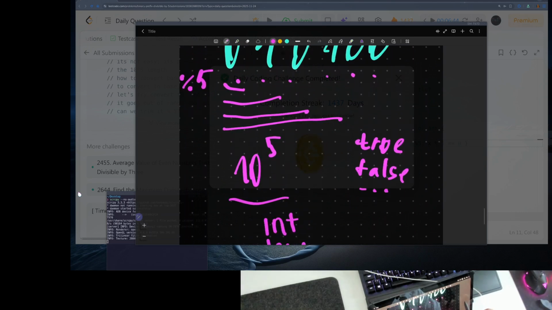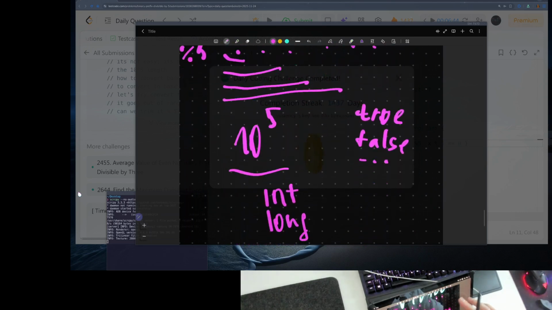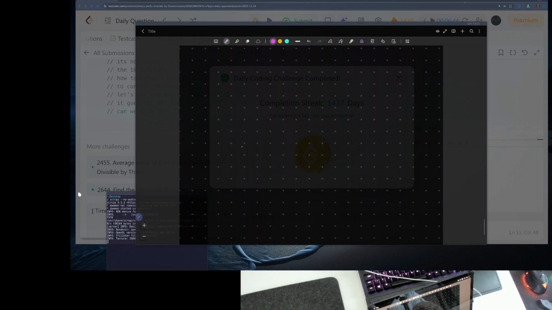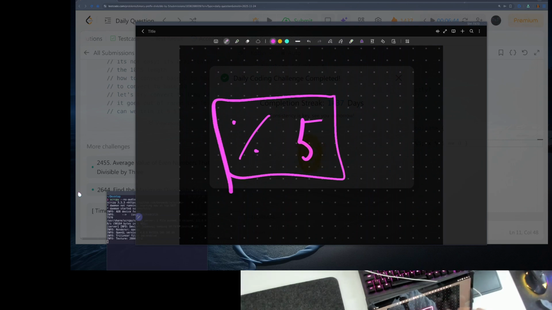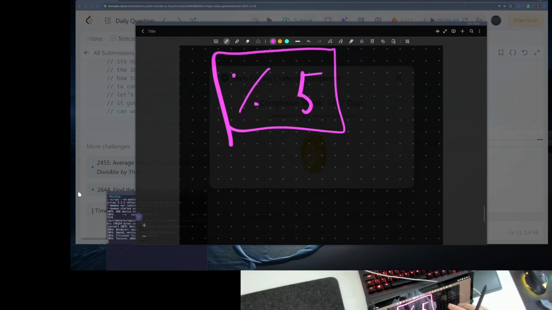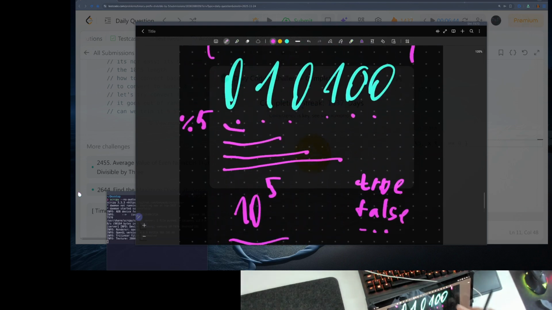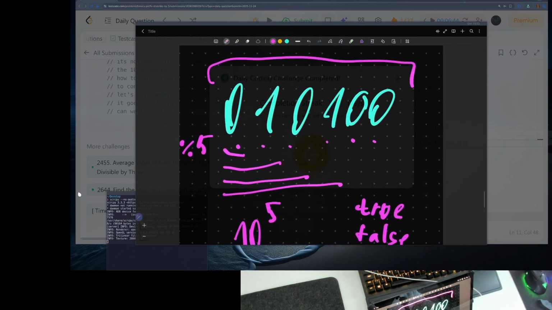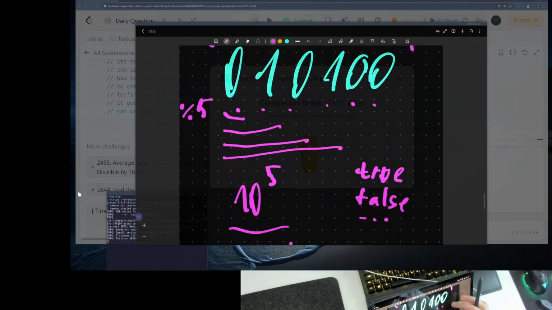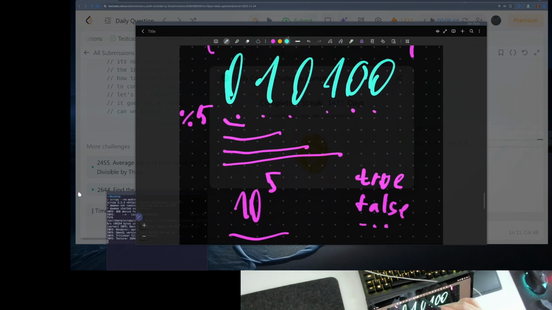So the solution to this problem is the property of the modular division operator. What does it mean to produce all these numbers? We have to take the previous value, then multiply it by 2 plus the current value, and so on.